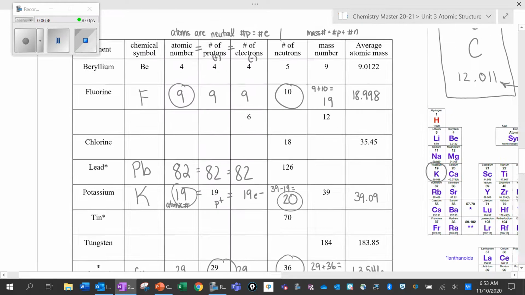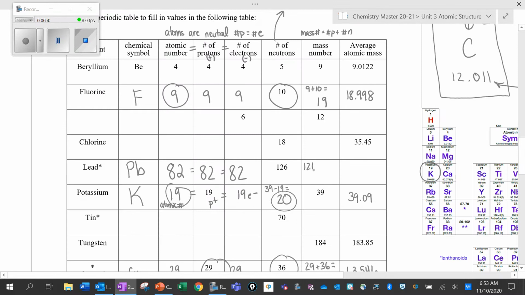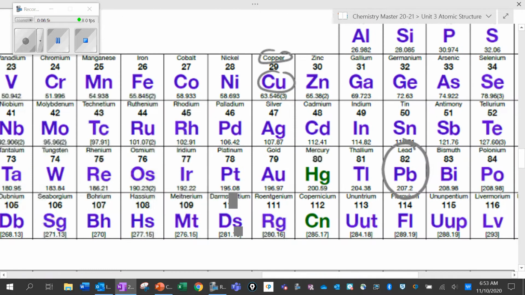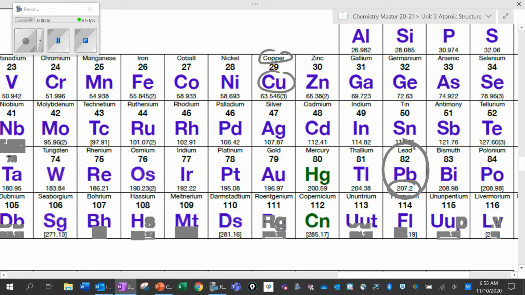And then the mass number is going to be 126 plus 82, and that gives you 208. And if you look at the average atomic mass, which you find on the periodic table, it is right over there. It is 207.2.